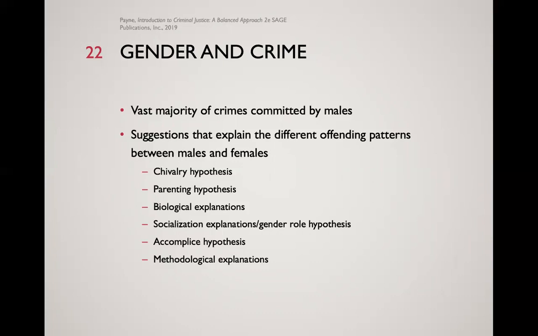So the chivalry hypothesis, for example, is that males and females have been treated differently by the criminal justice system, insulating females from future offending. The parenting hypothesis simply says that males and females are raised differently. Okay. Biological hypothesis, male and female brains develop differently, therefore men are more likely to outburst in certain situations leading to crime.